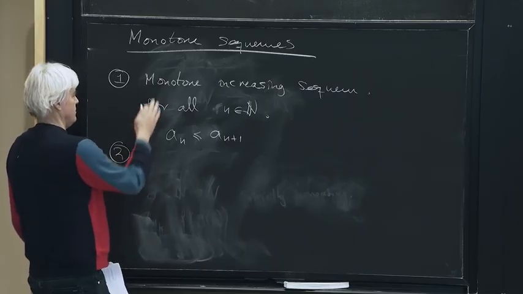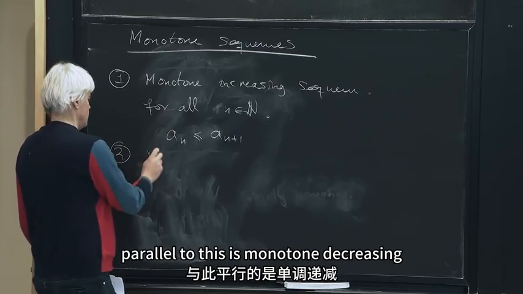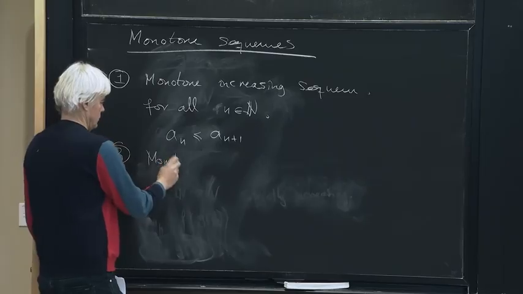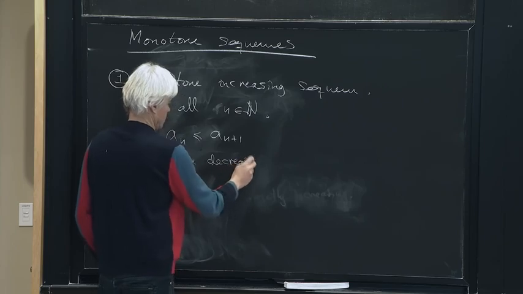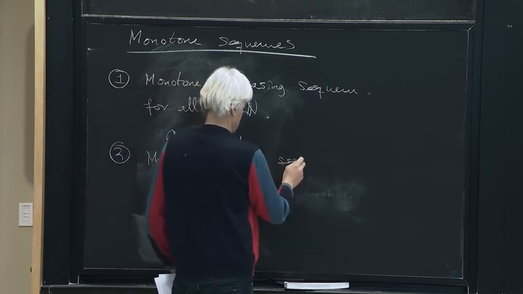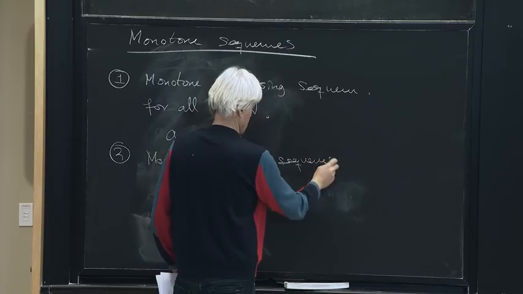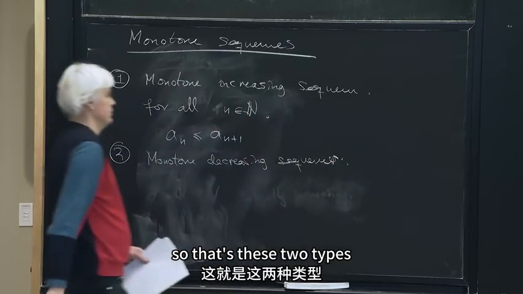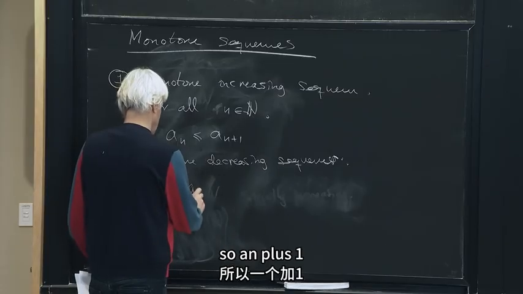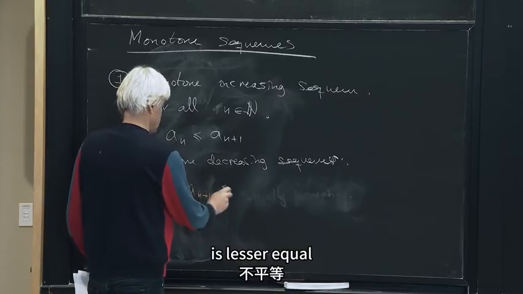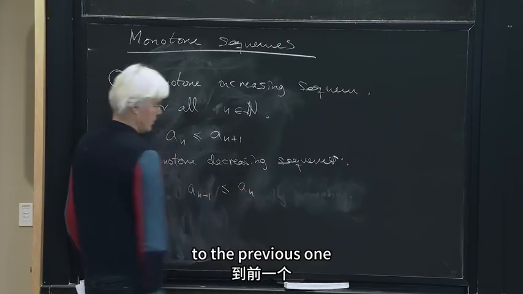The obvious parallel is monotone decreasing sequences. This just means that the next element, a_{n+1}, is less or equal to the previous one.